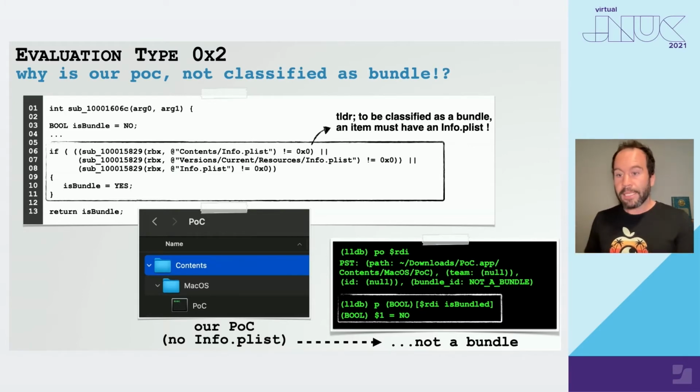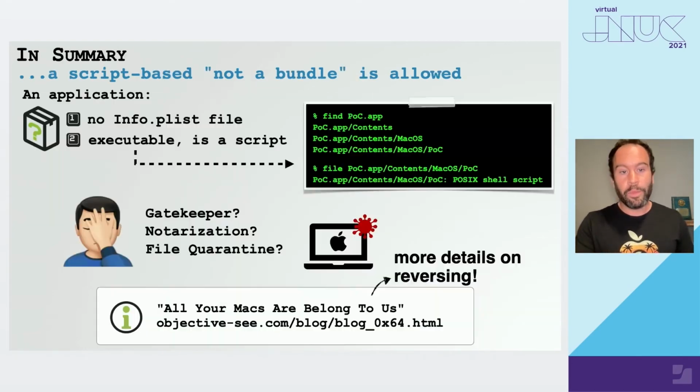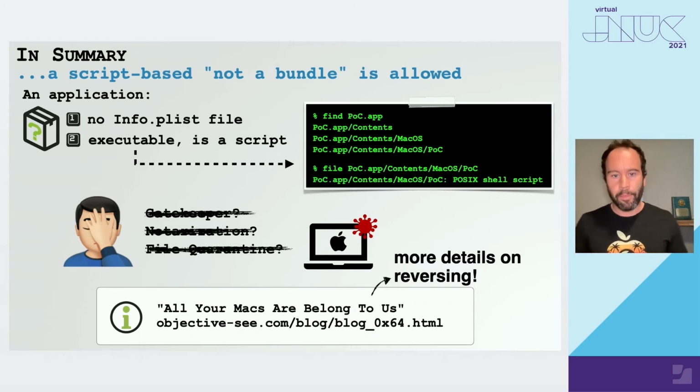If an item has an info.plist file, it will be classified as an application and be constrained by the checks, blocked if it's unsigned. But if the item does not have an info.plist file, like our proof of concept, it will be misclassified and allowed.